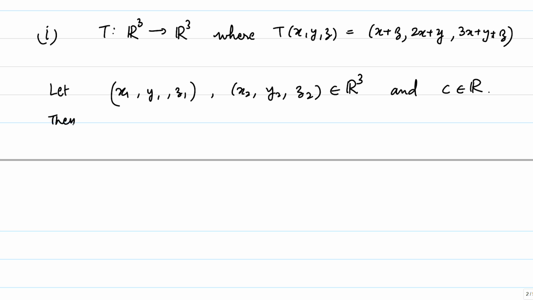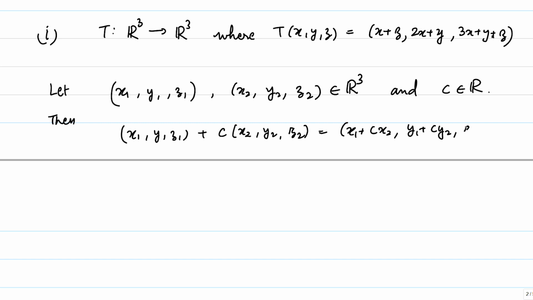And what is v1 plus c v2 in our case? This is just going to be (x1, y1, z1) plus c times (x2, y2, z2), which is equal to (x1 plus c x2, y1 plus c y2, z1 plus c z2).